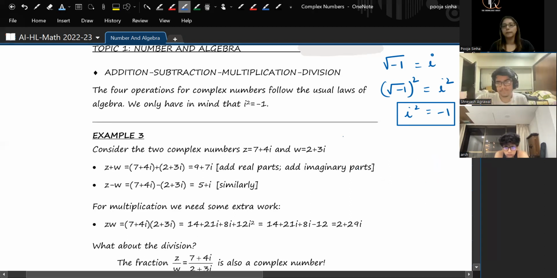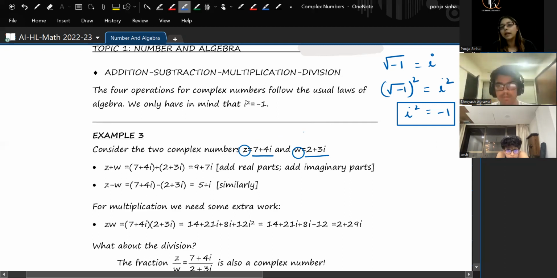Correct? So if I have 7 plus 4i and 2 plus 3i, and I have to add them, z plus w, then I will add the real parts. Real part added, what will the answer be? 9. And we'll add the imaginary parts.